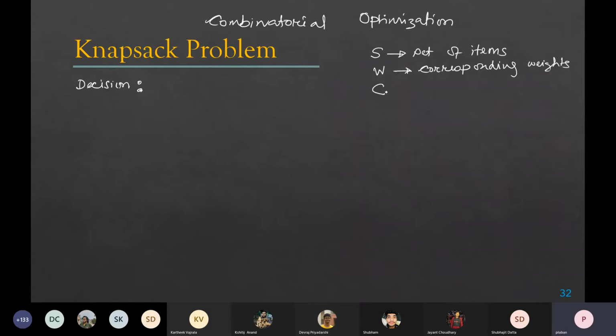And let's say C is another set which is basically the corresponding values of the items. So every item is associated with one value and of course a weight.